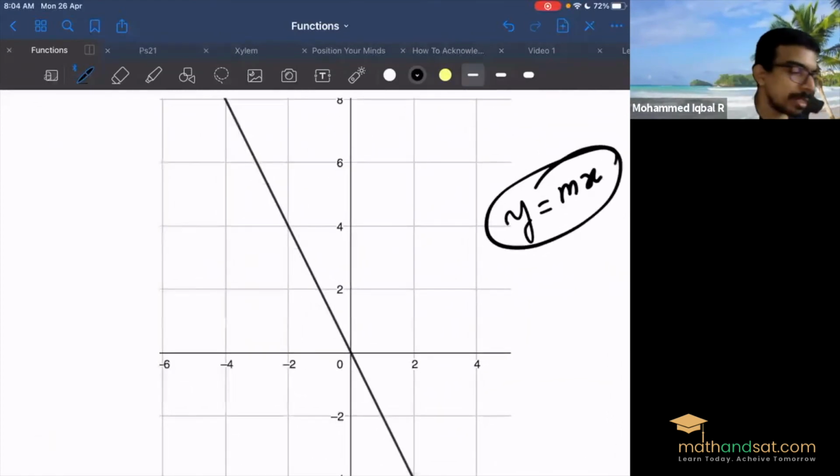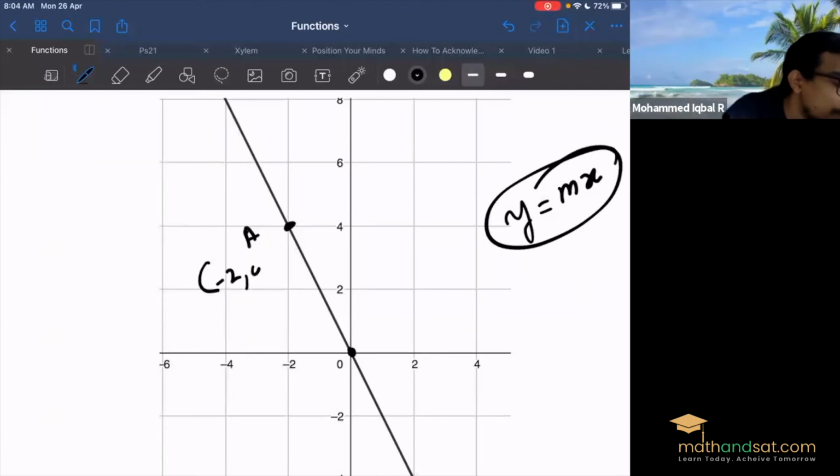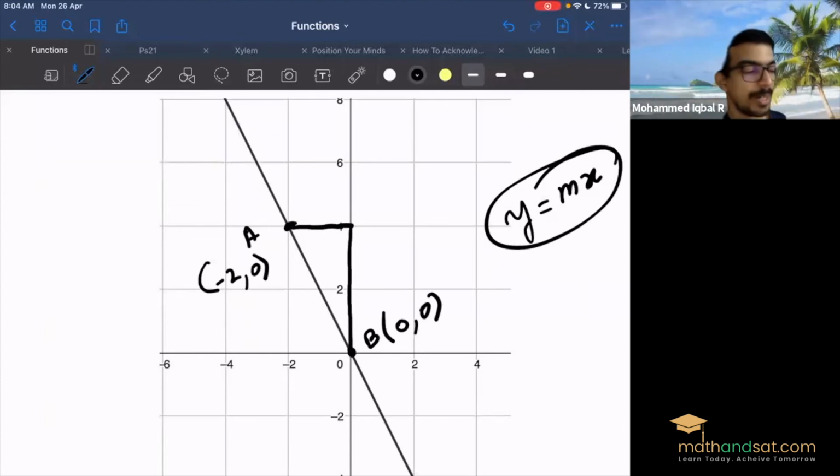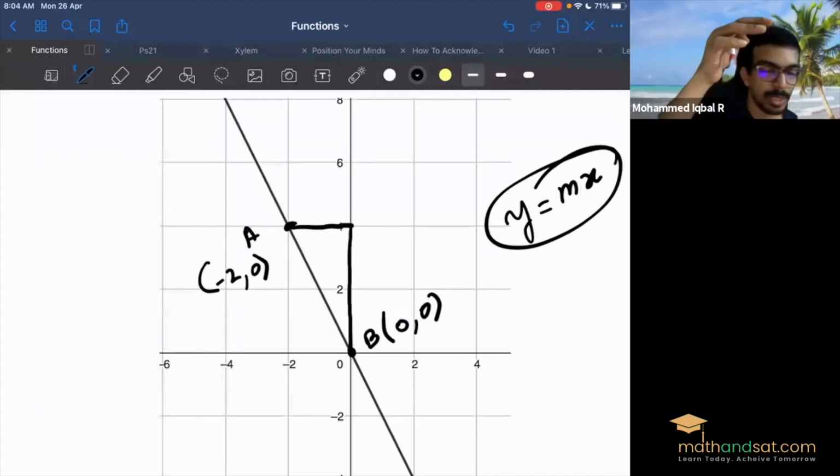Now it's easy, right? You take 2 points, A and B. Say A can be taken as minus 2 comma 0, and B can be taken as 0 comma 0. When you're traveling from A to B, the y value is reducing.